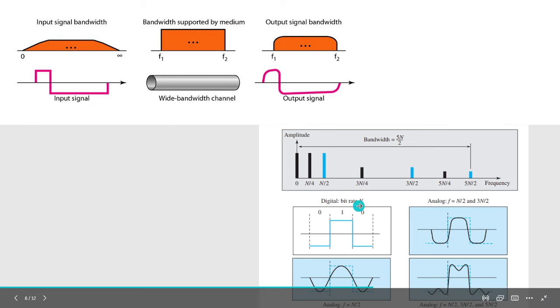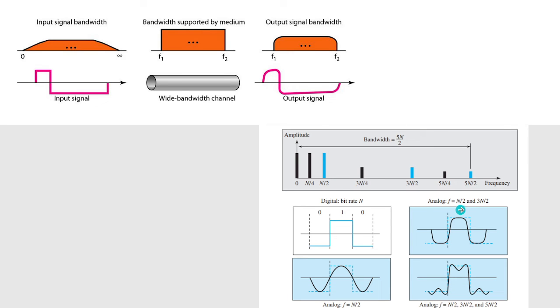Higher bandwidth means that instead of taking only n by 2 of the digital signal, we can get 3n by 2, we can get 5n by 2. So we receive the signal faster from the input side. This is about baseband transmission with a limited bandwidth.